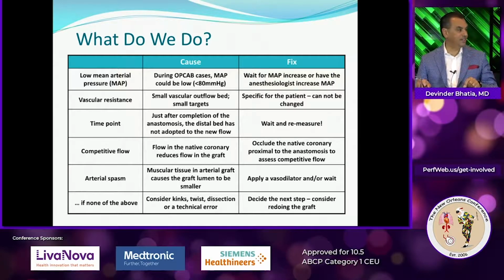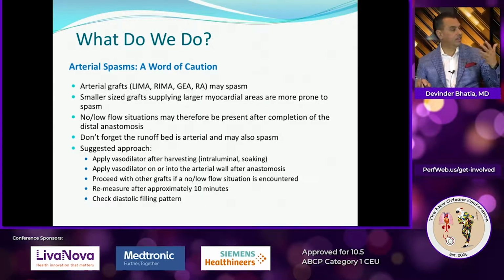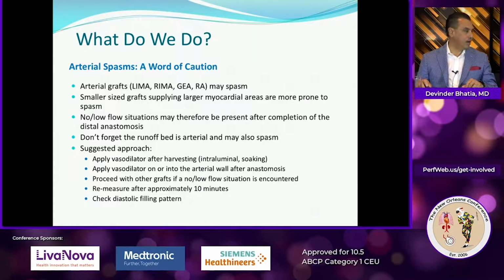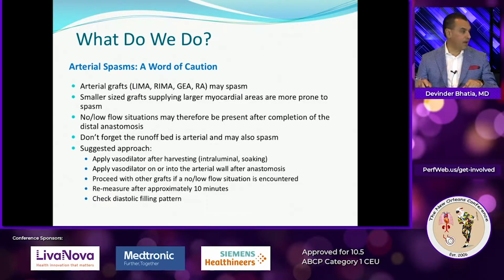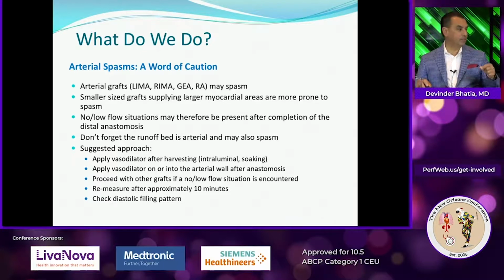Now that is easy to say, but very hard for a lot of surgeons to do, to say, okay, well, I'm just going to redo this. I think I've done the best job I can. It couldn't possibly get any better. But in reality, with the 19% abnormal graft finding, it certainly could be redone and perhaps improved.